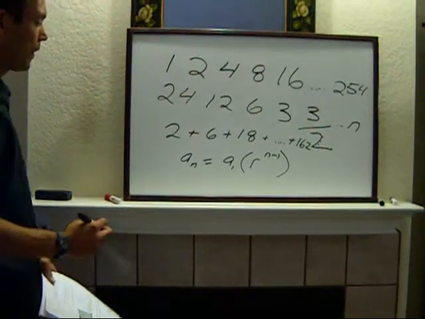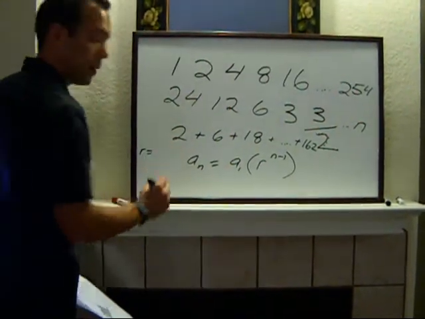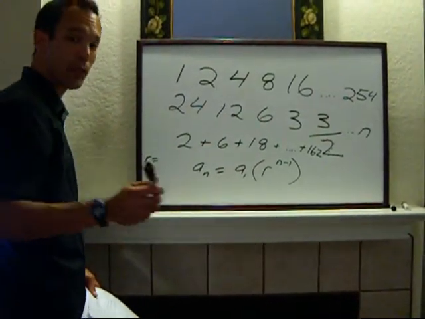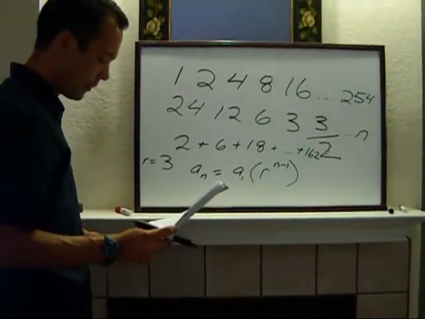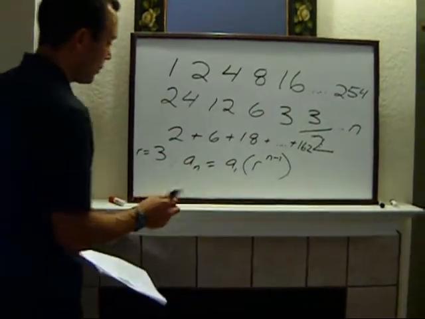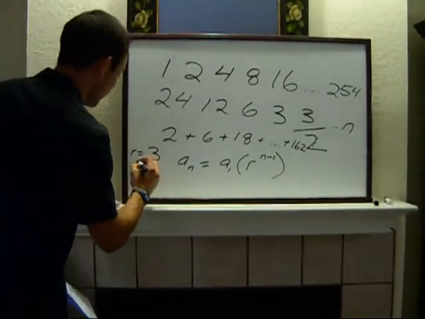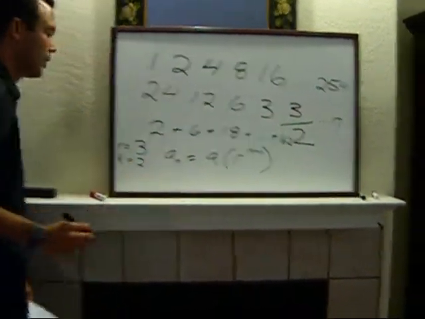Okay, so now let's find out what our values are. Now r is our multiplier, which we already said was 3. R equals 3. Now, a sub 1 is going to be our first term. What's our first term? 2? Yes. A sub 1 equals 2.